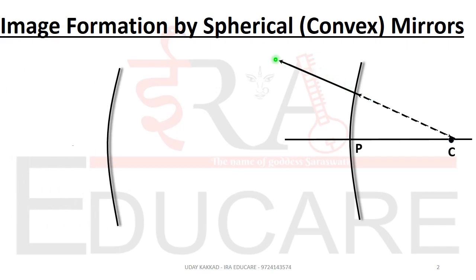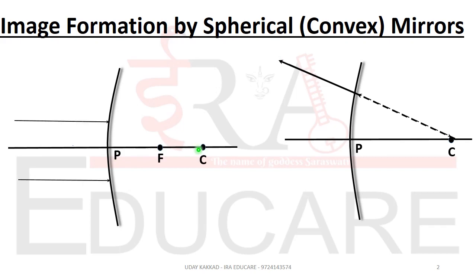Likewise, another ray which is parallel to the principal axis. This is your convex mirror, this is the principal axis, this is your pole P, focus point F, and C, the center of curvature. Now a ray is parallel to the principal axis. We take a normal, and it reflects like this.